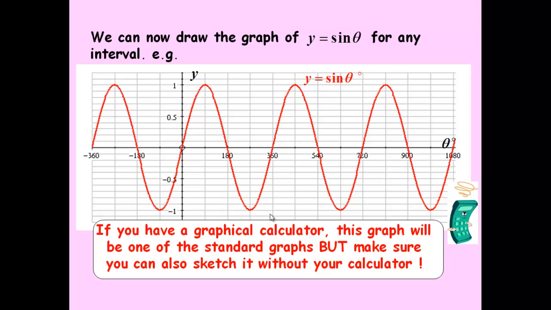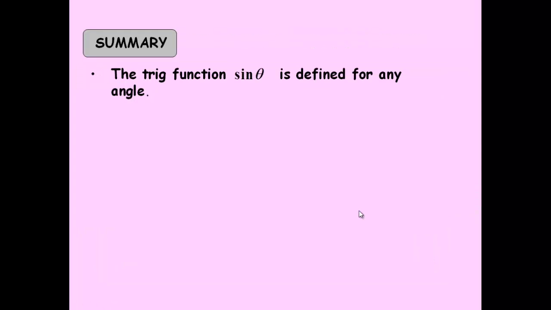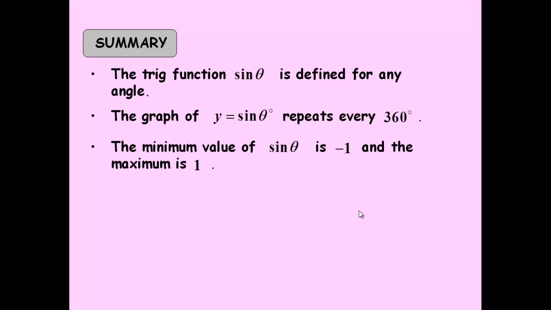You do need to know this graph, you need to be very familiar with it. You'll be using it for a lot of things to do with trigonometry, solving equations, finding different values, different angles with the same y value or sine value throughout AS and A2 maths. So to summarise, sine theta is defined for any angle.